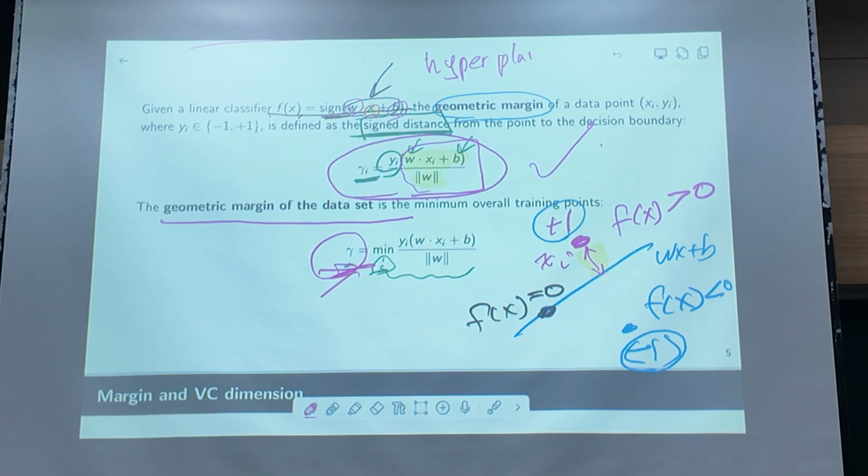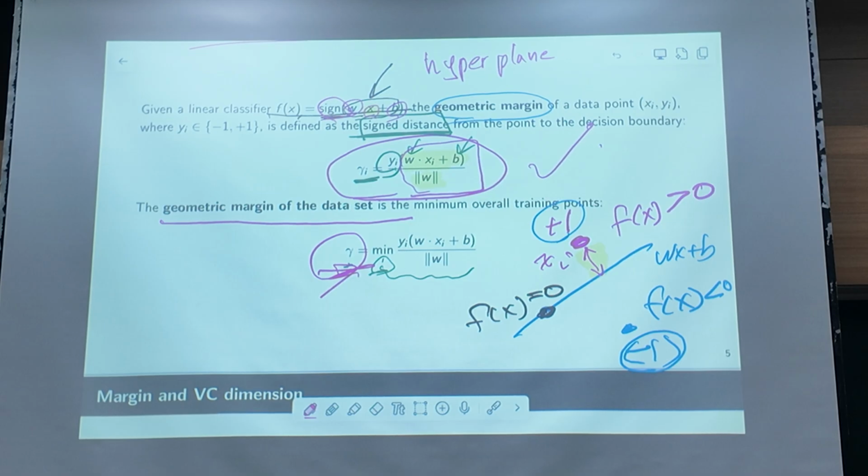In one dimension, it will be a line. The sign would determine the class. If it lies above, then it's a positive value. If it's below the line, then it's going to have a negative value.